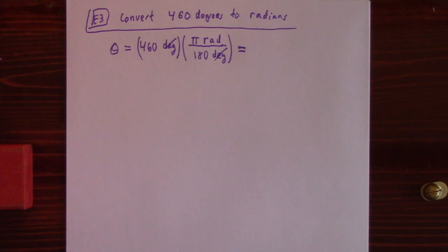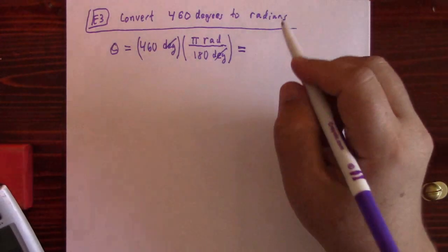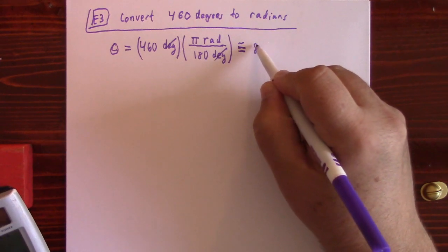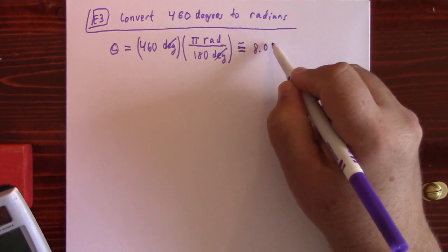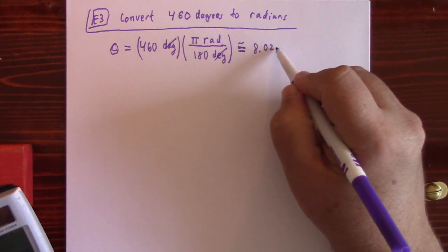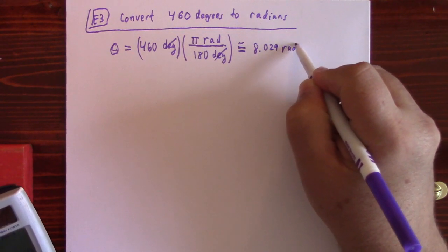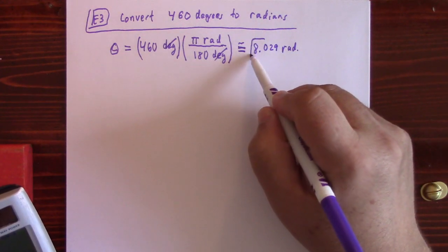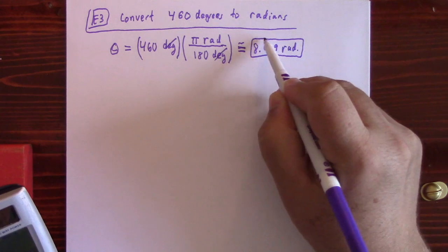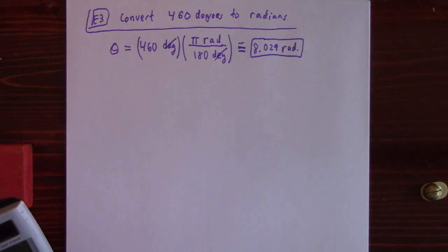I'm back. Alright, so 460 times pi divided by 180 gives me approximately 8.029 radians, which makes sense. 2 pi radians is about 6.28.